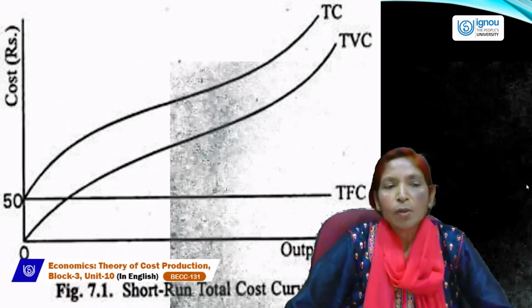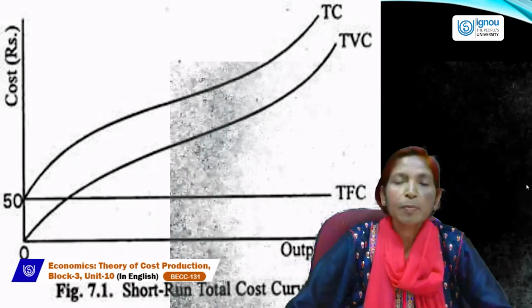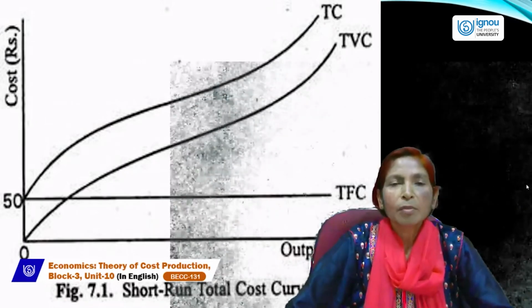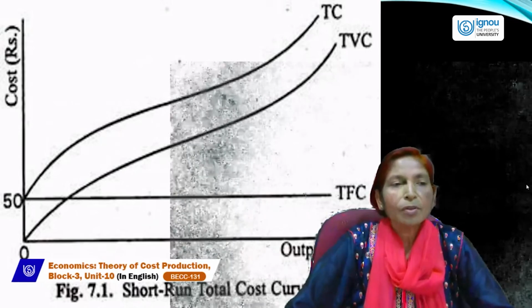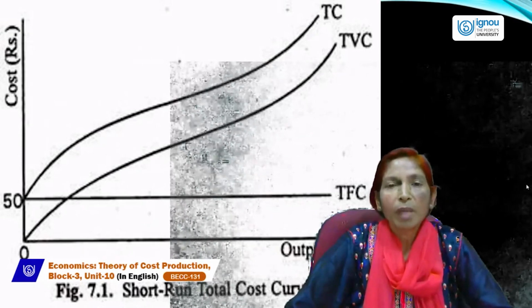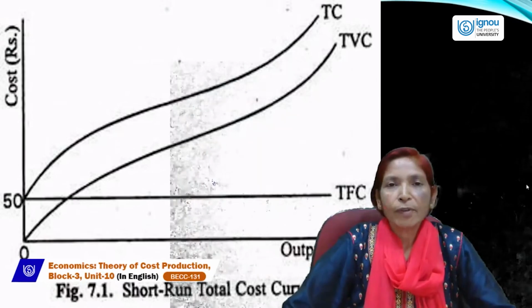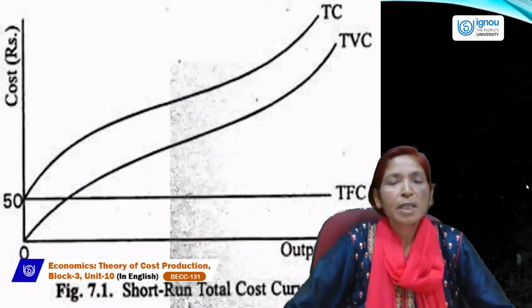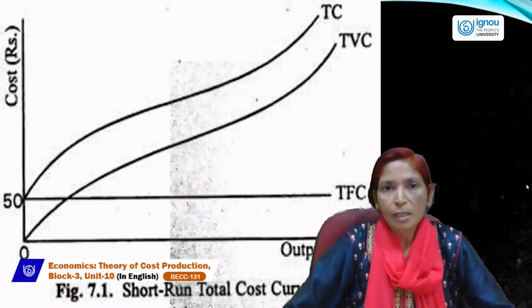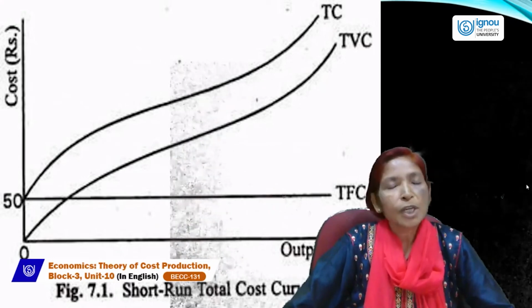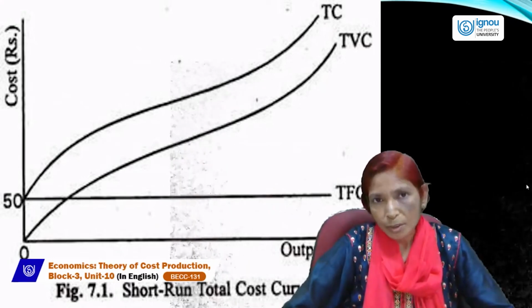You know, while producing goods and services, we must incur some cost of production. So these are three major costs, like total fixed cost. You know that fixed cost in the short run always remains fixed. It can't be changed or altered according to the change in level of output.